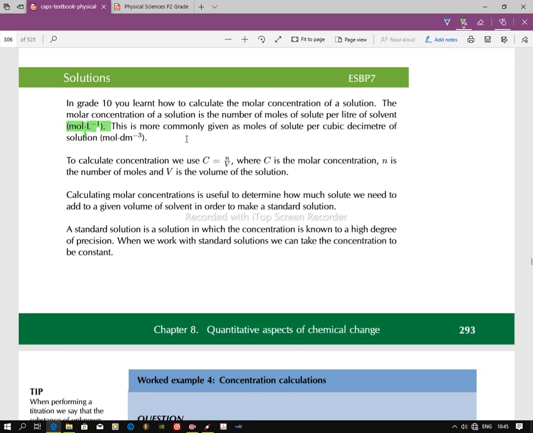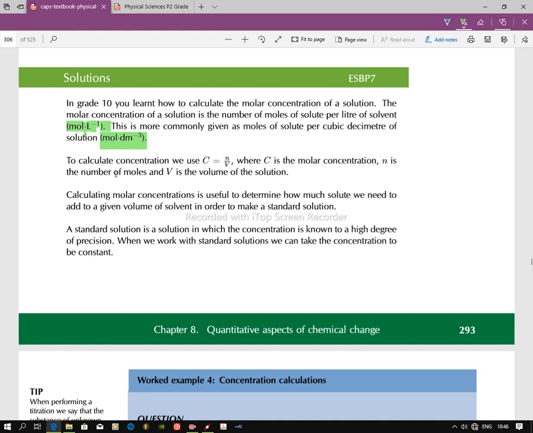This is more commonly given as moles of solute per cubic decimeter of solution. So to calculate the concentration, we use this formula: C equals n over V. C is the molar concentration, n is the number of moles, and V is the volume of the solution.